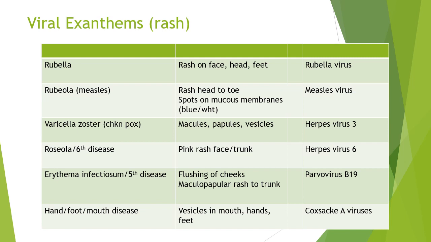Okay, roseola, also called sixth disease, is caused by herpes virus number 6. We see this often in young children, toddlers, up to 2 to 3 years old, up to 5 years old. Short incubation, 5 up to 15 days. And this illness is notable for its sudden, very, very high fever, greater than 102, 103.